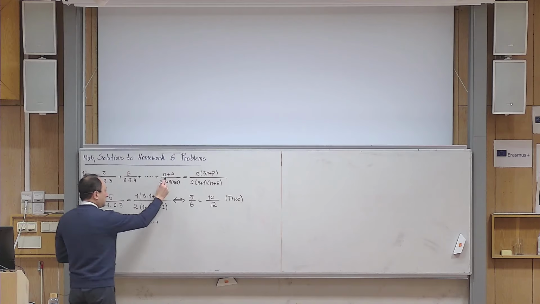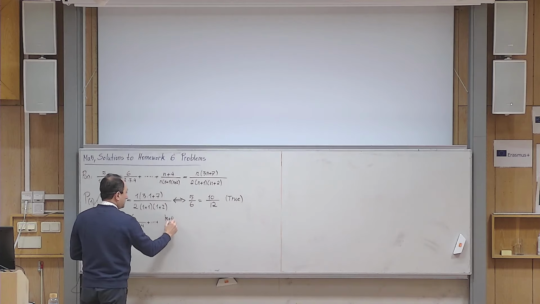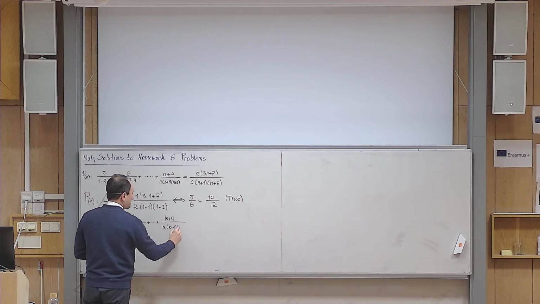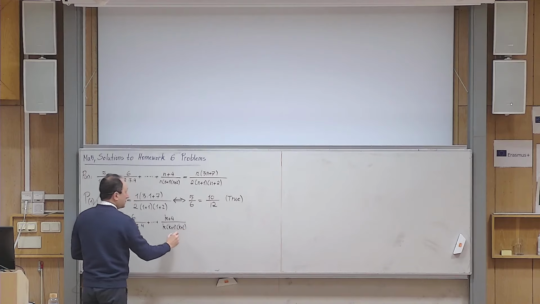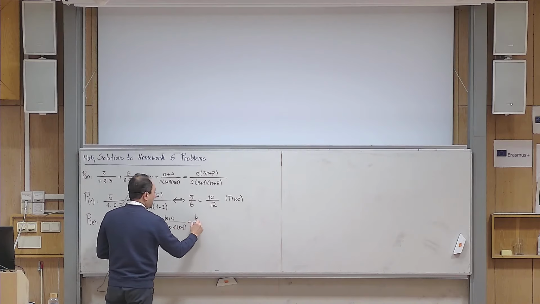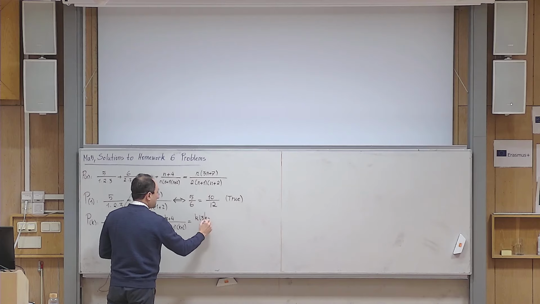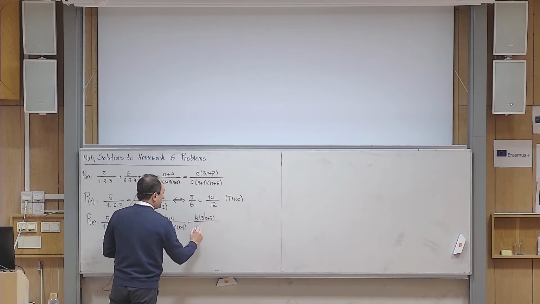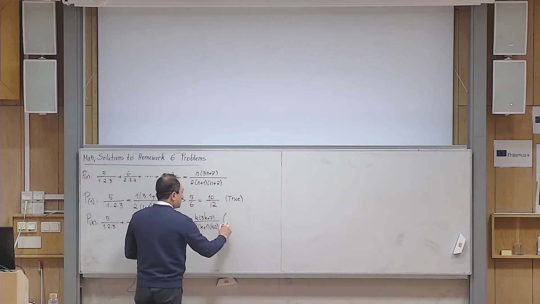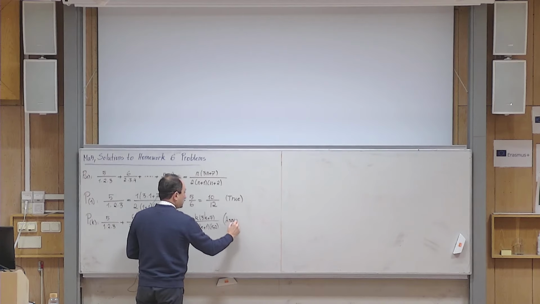Then this becomes 5 over 1 times 2 times 3 and so on up to k plus 4 over k times k plus 1 times k plus 2, and the right-hand side the same, so k times 3k plus 7 over 2 times k plus 1 times k plus 2. And we assume that this is true.